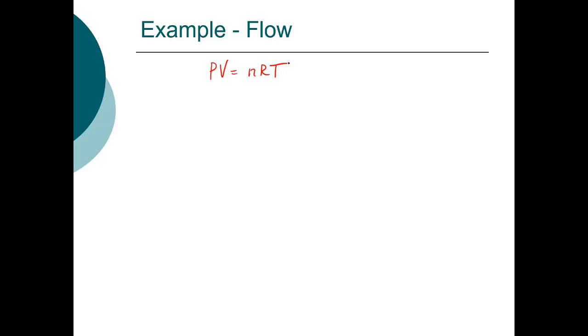Density is n over V. The pressure is 1 atmosphere. The volume, I'm going to write as a volumetric flow rate. You can use those as long as you keep your time units consistent. You can use Q instead of V.